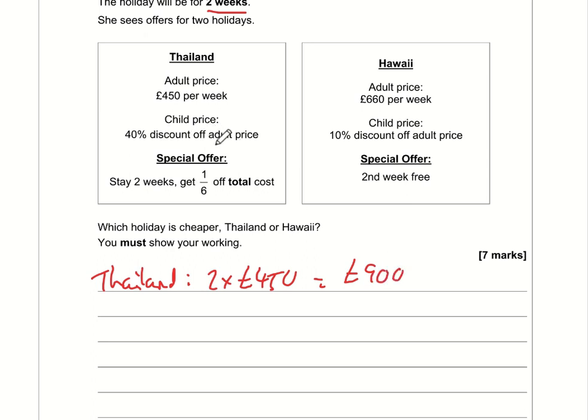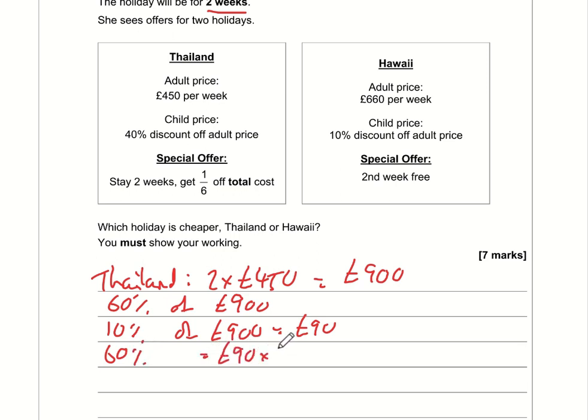And for the child, it's going to be 40% discount. So if it's 40% off, that means for the child, it's going to be 60%. What is 60% of 900, because it's for 2 weeks? Let's work out 10%. 10% of £900 is 90, so therefore 60% is going to be £90 multiplied by 6, which is 540.